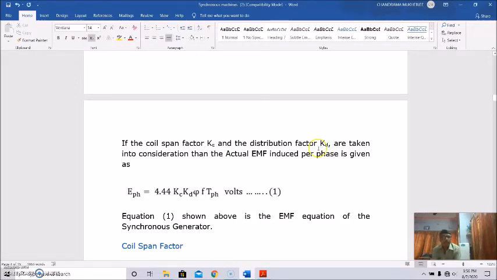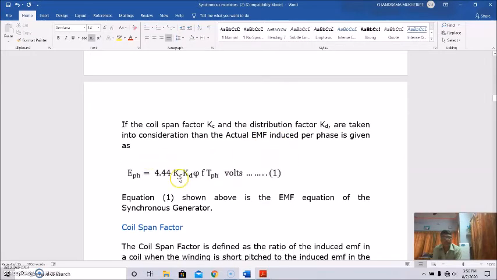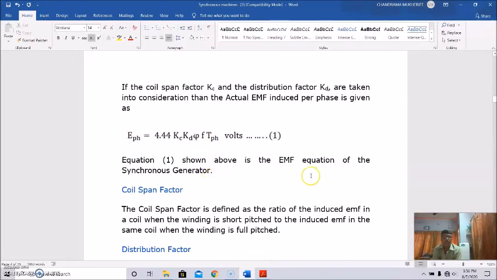Basically, the coil span factor Kc and the distribution factor Kd are taken into consideration, because the product of the coil span factor and the distribution factor is the winding factor. So this is to be taken into consideration, and then the actual EMF induced per phase is given as 4.44 Kc Kd phi F T phase volts.